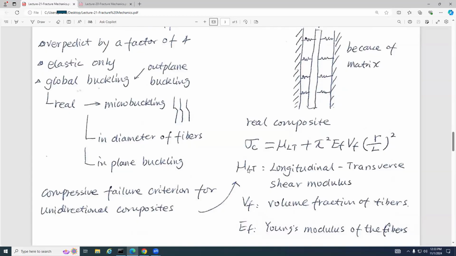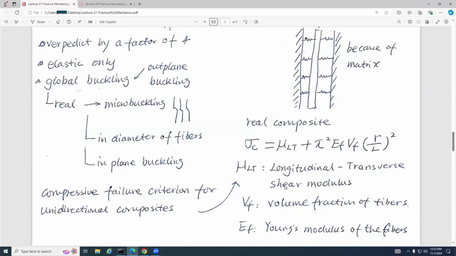Mu LT is the longitudinal and transverse shear modulus, and it has the same unit as sigma C. V_f is the volume fraction of fibers. You know volume fraction, right, guys? Suppose you have a matrix material and you put some fibers inside.